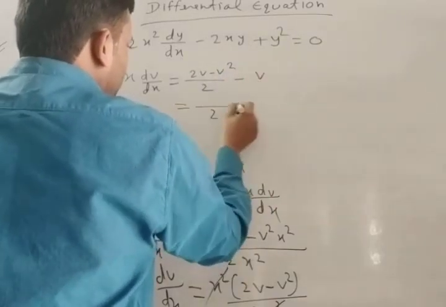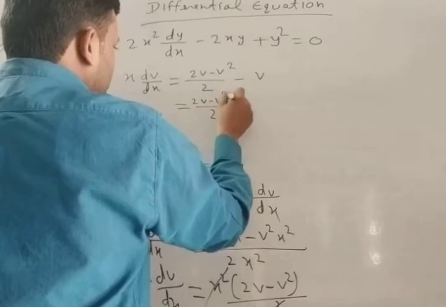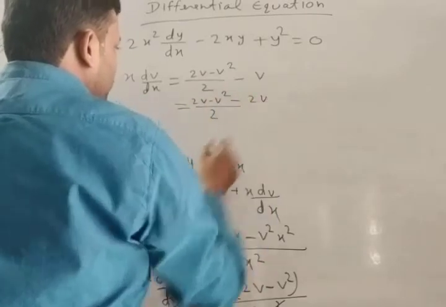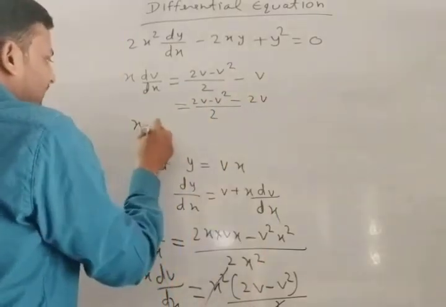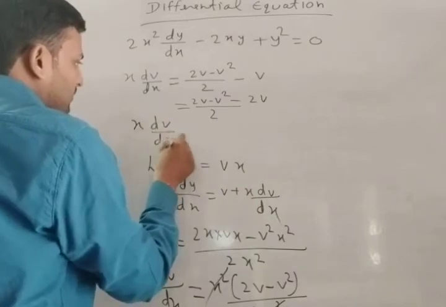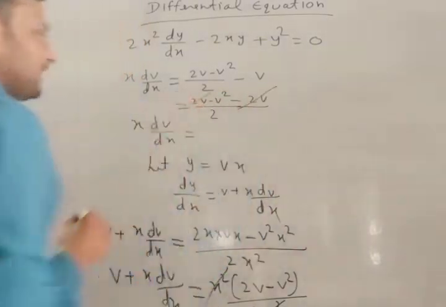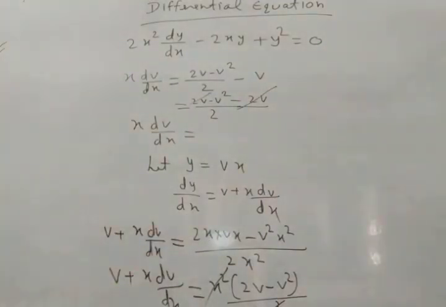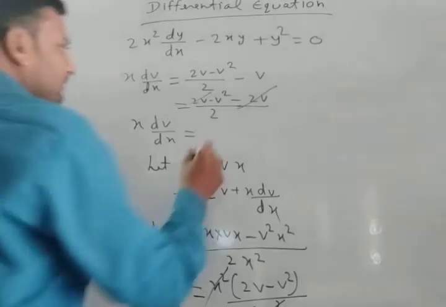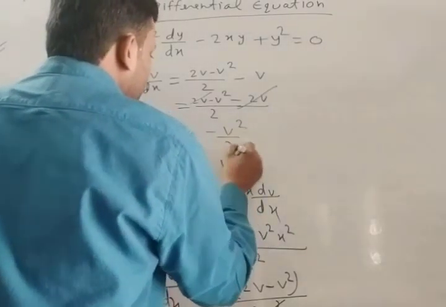Now taking LCM, 2v minus v square minus 2v we are getting. So x dv by dx is equal to, okay, now this 2v and 2v will cancel. We get minus v square by 2.